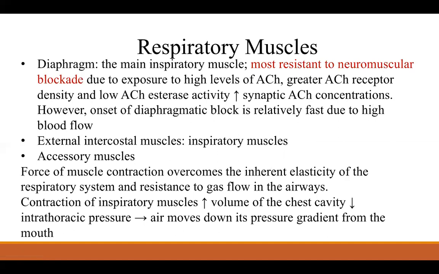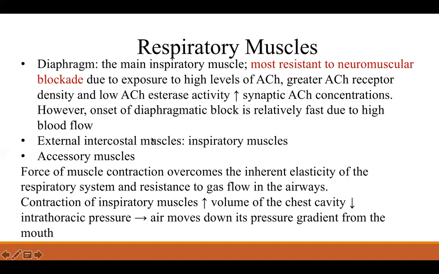Why? Well, it's packed with acetylcholine receptors. It's exposed to loads of acetylcholine. So stimulation of the muscle because of acetylcholine mediated response is going to be great, and therefore the neuromuscular blockade would take more work at the diaphragm than elsewhere.